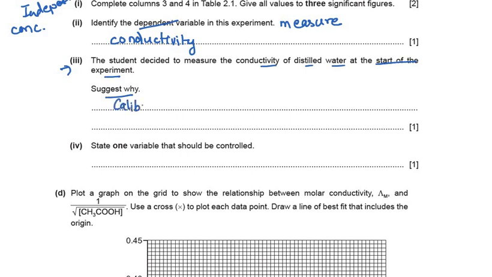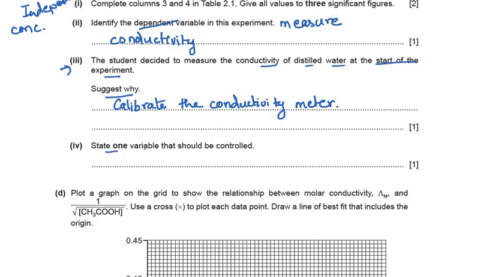So this is done to calibrate the conductivity meter. Generally a blank reading is done to calibrate the instrument. So here our conductivity meter is the instrument. To calibrate it, we are finding the conductivity of distilled water.